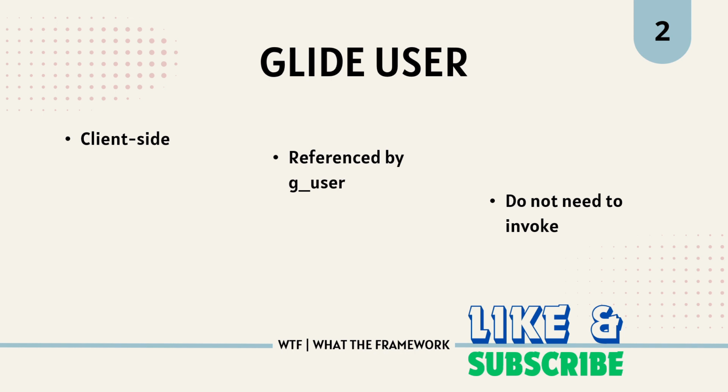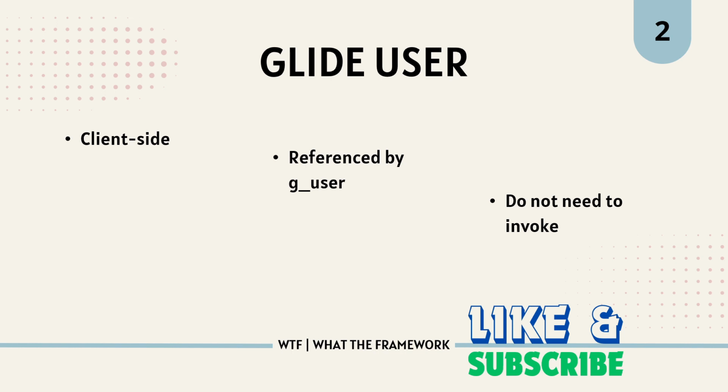So client-side scripting locations are like the client scripts and the UI policies, unlike the server-side scripting locations like the scheduled jobs, the script includes, and the business rule. Glide user does not need to be invoked. I repeat, Glide user does not need to be invoked.